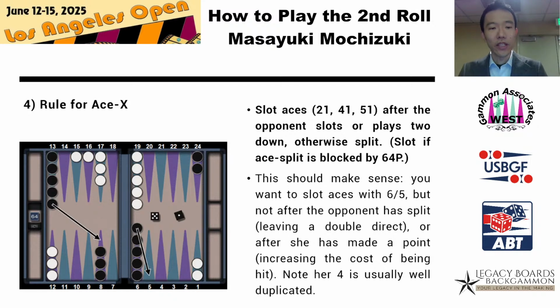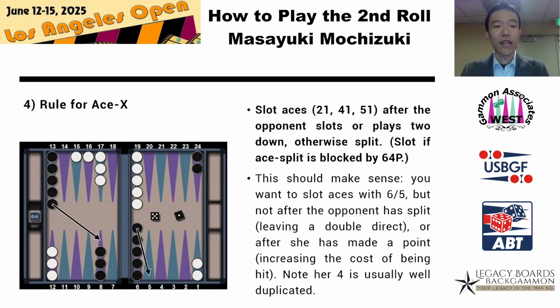The 1s rule is meant to be either split or slot. For rule number 4 to 6, we know that we can't hit outside, because if we do, we hit, right? And we know it's not naturals, and we know we can't hit loose on the 5 point or 4 point.